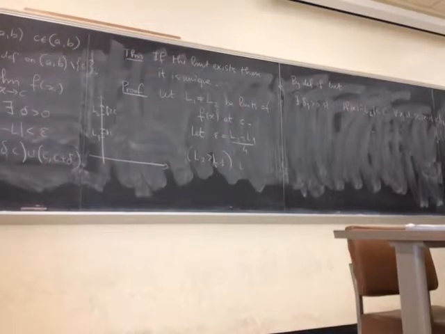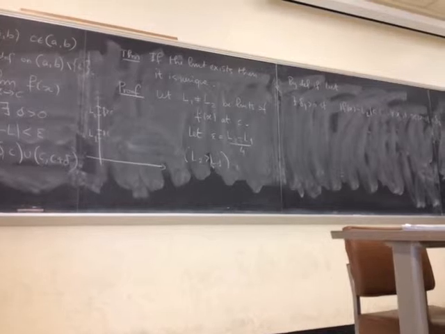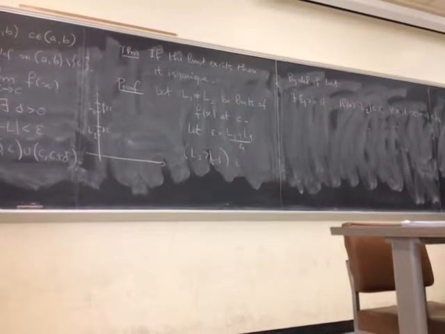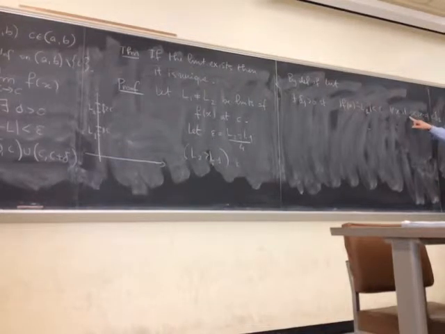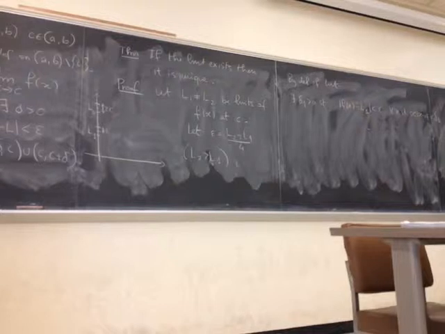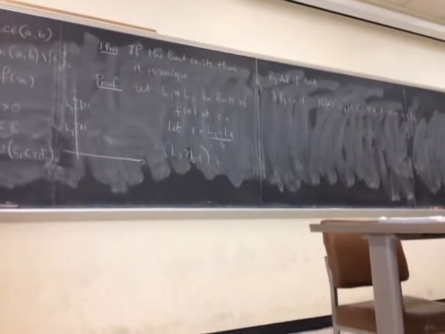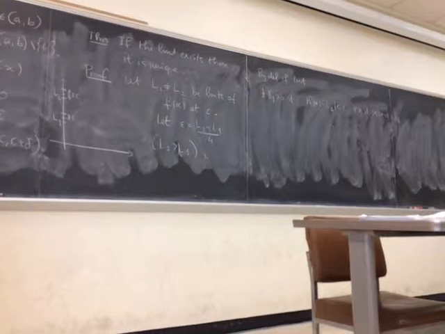Notice that here I have cooked up another way of writing the condition of being in the delta neighborhood. I can write x belongs to (c minus delta, c) union (c, c plus delta).